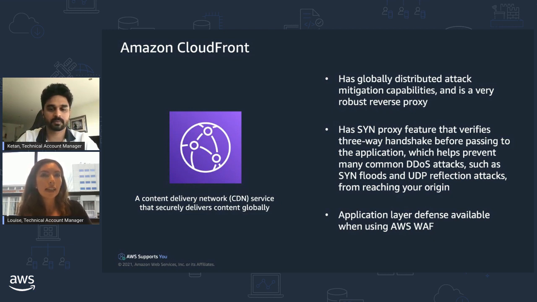It has a stateless SYN flood mitigation technique that proxies and verifies any incoming connections. For example, it would verify three-way handshake connections before passing any traffic back to the application in the origin. By verifying the connection, it will prevent DDoS attacks such as SYN flood attacks or UDP reflection attacks from reaching your origins. So it's just another level of security, basically.